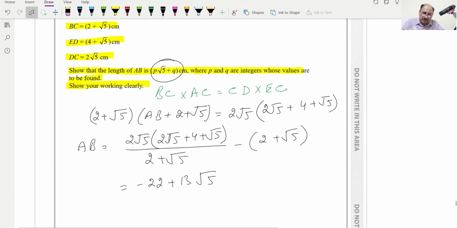Basically we can rewrite it as 13 root 5 minus 22.